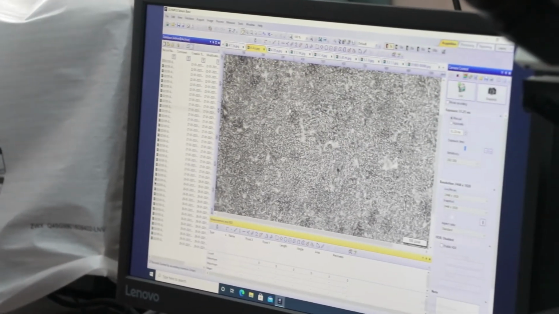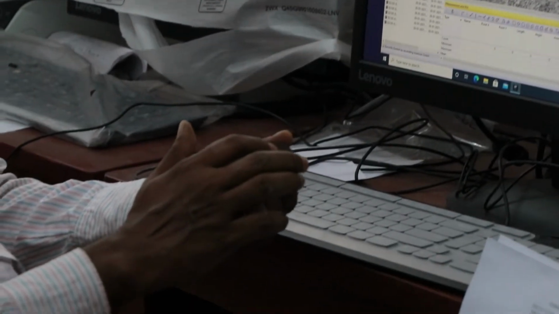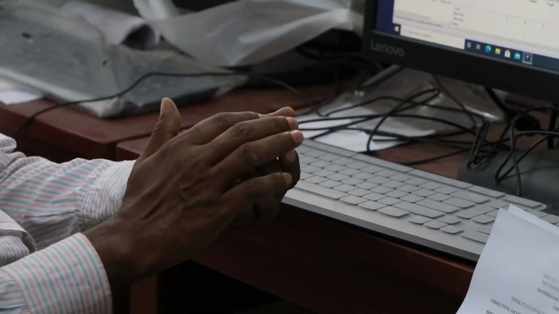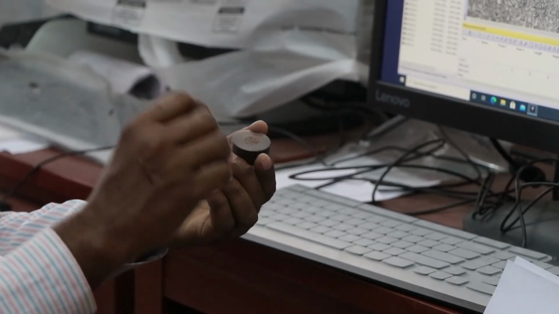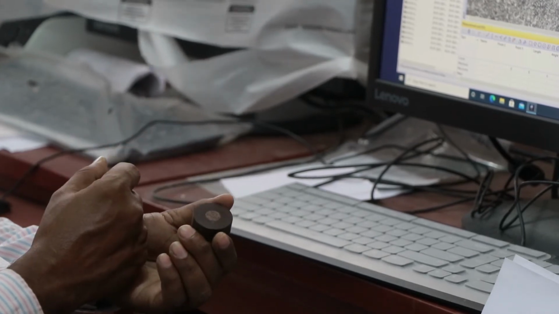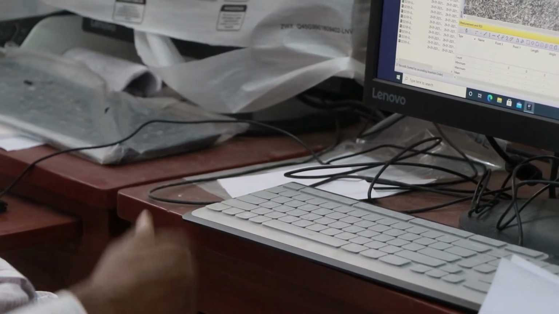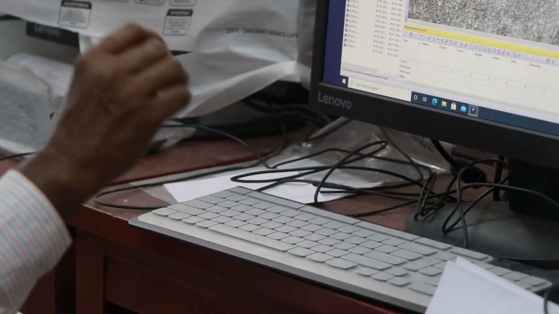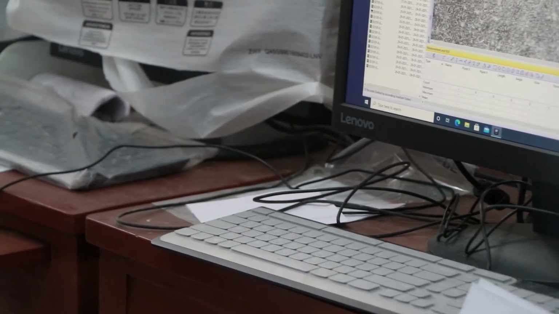After mounting, the next operation is fine grinding. The upper surface of this sample is initially rough, and this rough surface needs to become smooth, so we use emery paper stage by stage. Basically we use 4 types of emery paper: coarse grade, medium grade, fine grade and very fine grade.